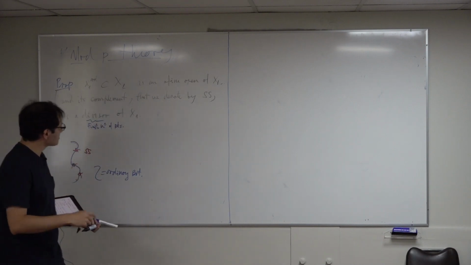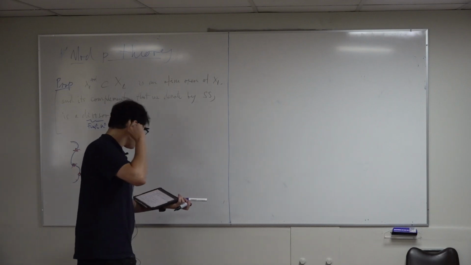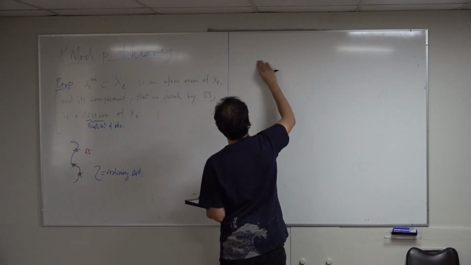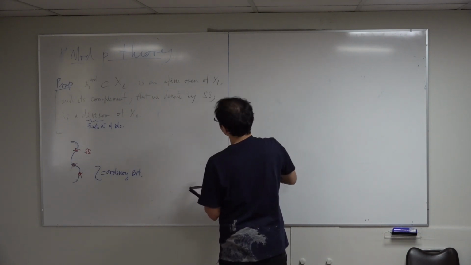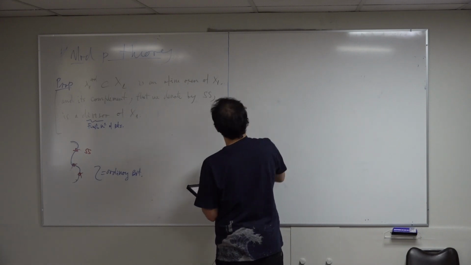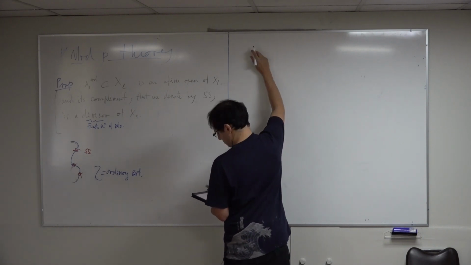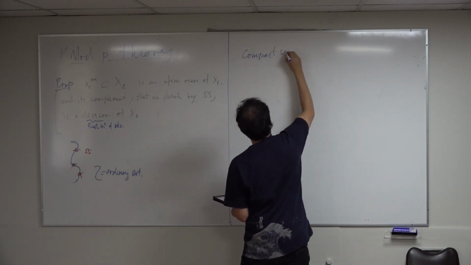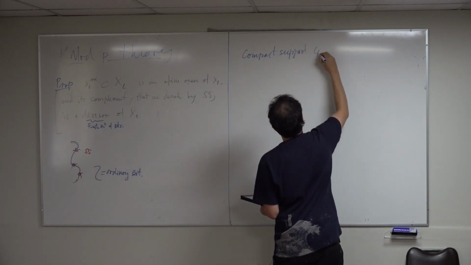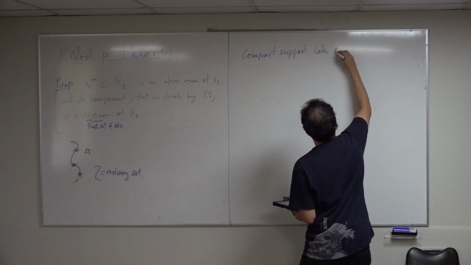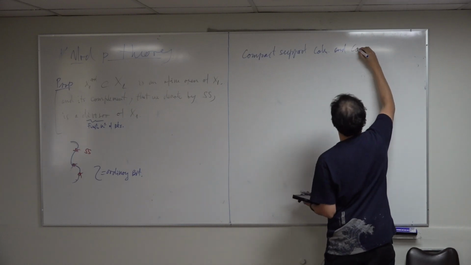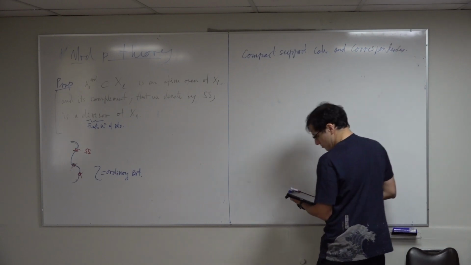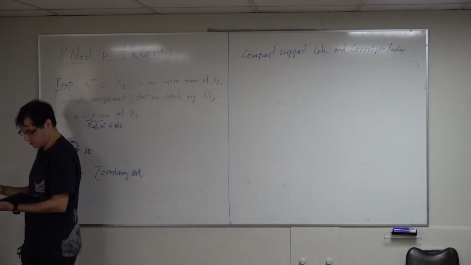So how will we construct these modules? For that we need to introduce some cohomologies: compact support cohomology and correspondences.